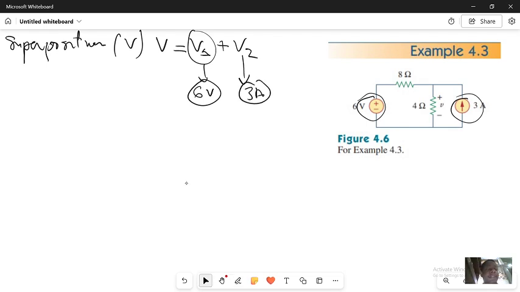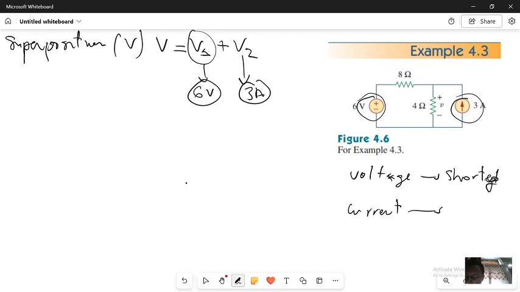The first step is to turn off one source. We have to remember that a voltage source will be shorted, and a current source will be turned off by an open circuit.